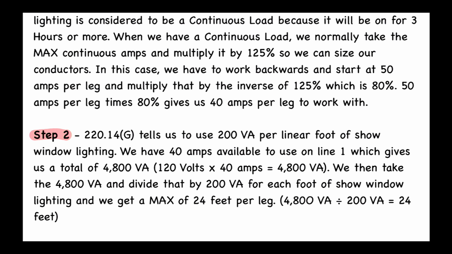220.14(G) tells us to use 200 VA per linear foot of show window lighting. We have 40 amps available to use on line 1, or leg A, which gives us a total of 4,800 VA. We got that by 120 volts times the 40 amps.